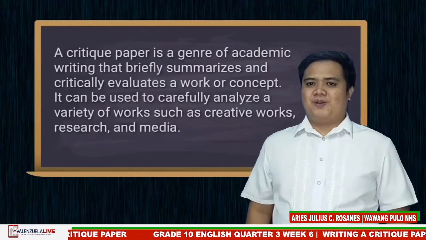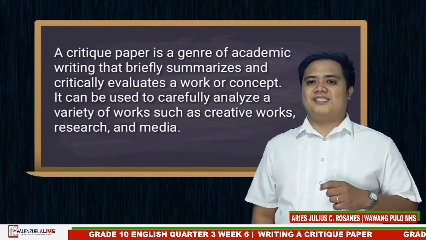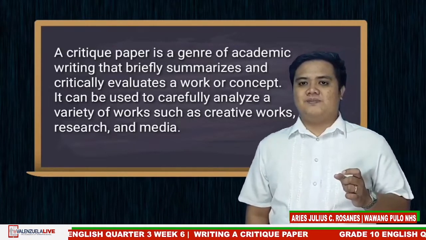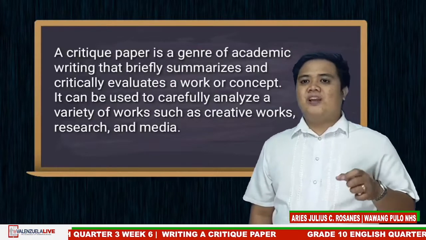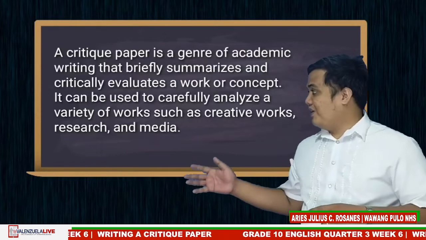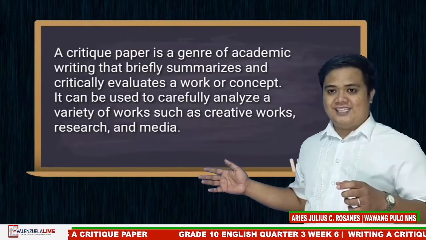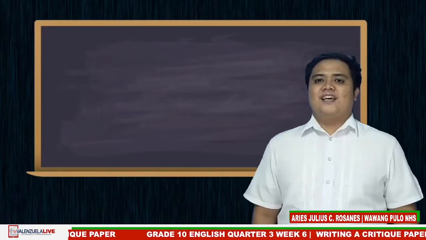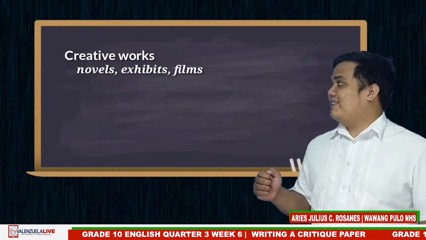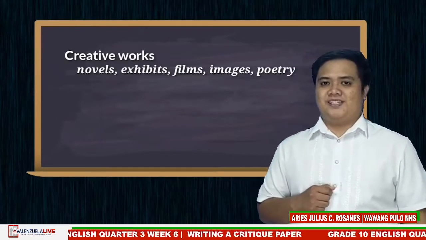A critic paper is a genre of academic writing that briefly summarizes and critically evaluates a work or concept. It can be used to carefully analyze a variety of works, such as creative works, research, and media. Creative works include novels, exhibits, films, images, and poetry.